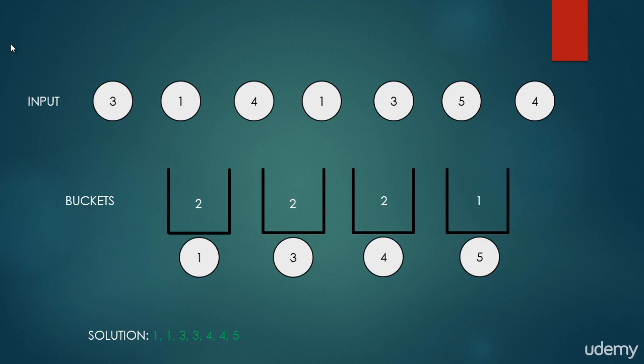So, for example, we have 2 in the first bucket, so we have to print out two 1s. And we have 2 from the number 3, we have 2 from the number 4, and we have a single 5. So that's all about counting sort.